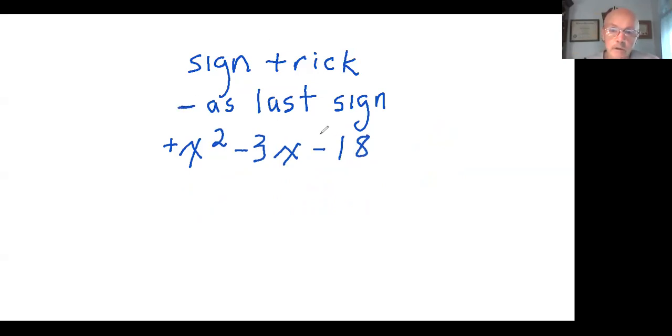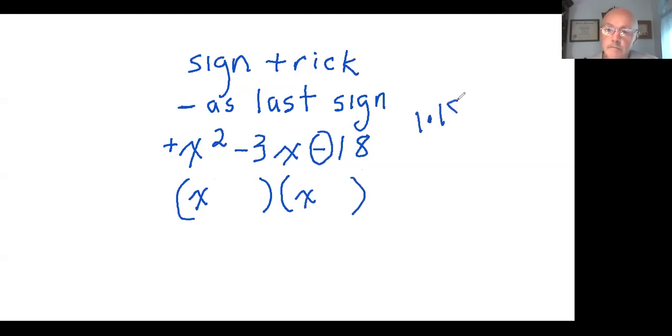Okay, so I'm looking at this. There's that negative. And if I start to work on the numbers here, there are a few to pick from. I could again do 1 times 18. I could do 2 times 9 and 3 times 6.